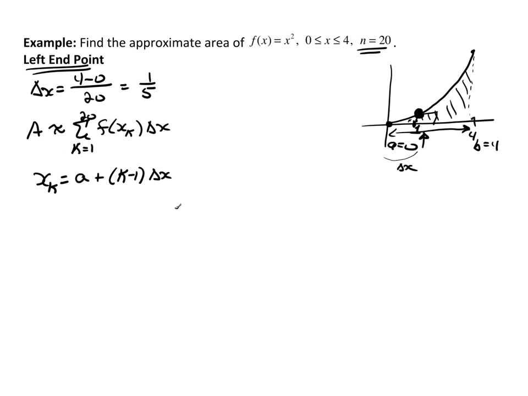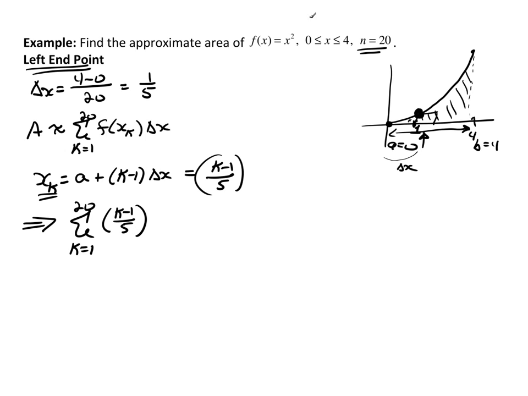So from that, this implies that what I have is the sum, k equals 1 to 20 of, see, I have k minus 1 times delta x, but delta x is 1/5. So up here, this is really going to be k minus 1 over 5. That's what my values of x are going to be. So for x, I have k minus 1 over 5.